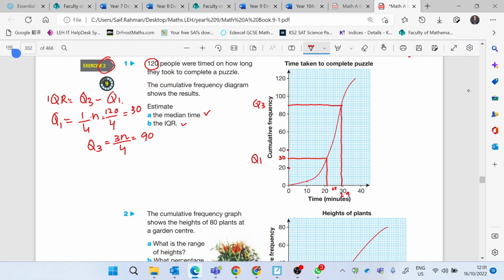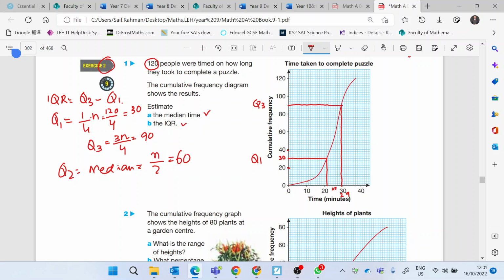This is our Q3. For Q2, or median, Q2 and median are the same. What we can do here is n by 2, that is 120 by 2, which gives us 60.